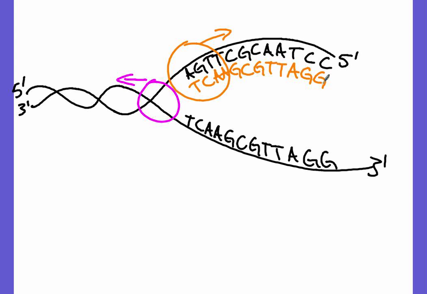To build my new piece of DNA in this direction, because if this is 5', this is going to be 3'. But that's the only direction that DNA polymerase can build.